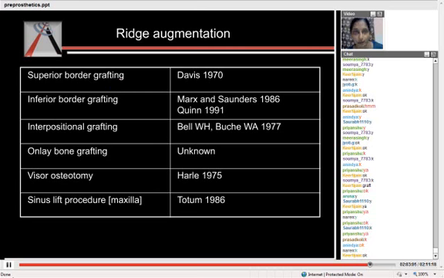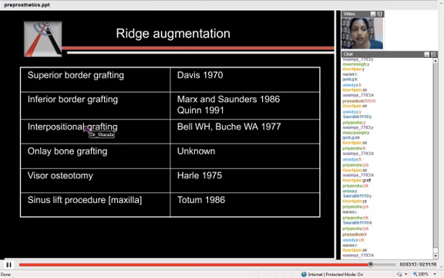Superior border grafting was given by Davis. Inferior was given by Marks and Saunders. Interpositional grafting: you reposition the labial or the lingual cortical plate in order to increase the height. You raise the lingual plate.